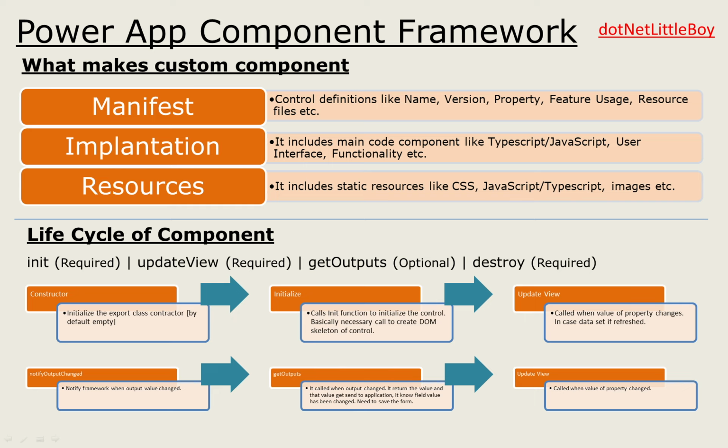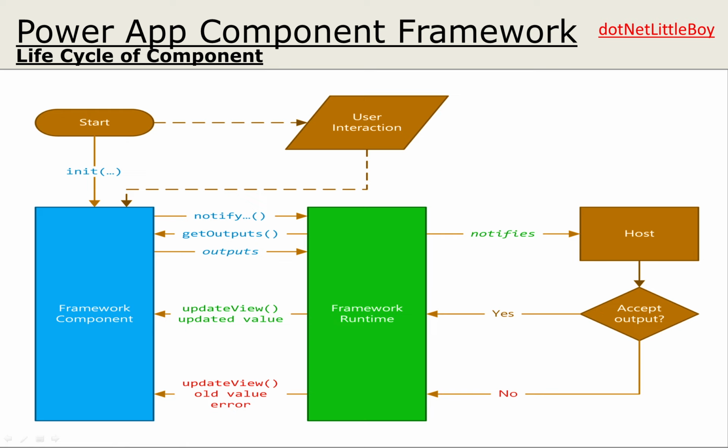So if you see this diagram of the life cycle, when it starts, it calls the initialize method here. It initializes our PCF component, and this is the component where the framework is built. So this framework is the PCF framework, and this is our component that we have built.